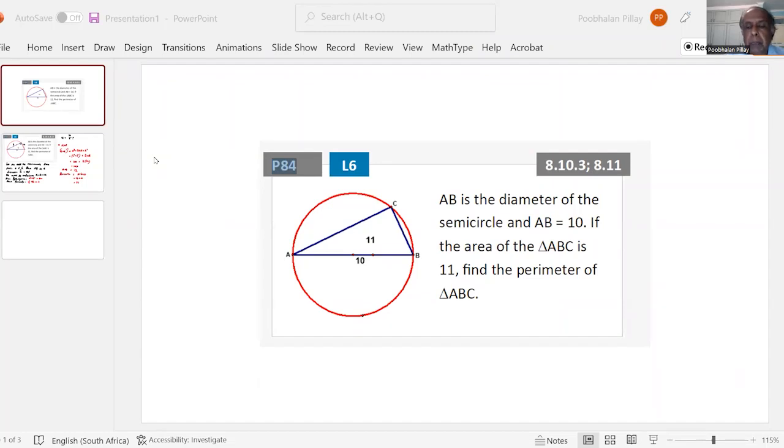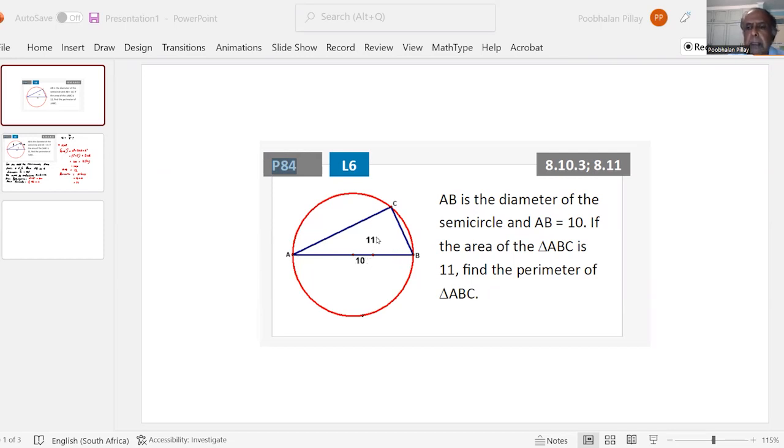The first problem, as you can see, says that AB is the diameter of the semicircle that is given there. So AB is the diameter, and AB is equal to 10. As you can see, the length of AB is 10.